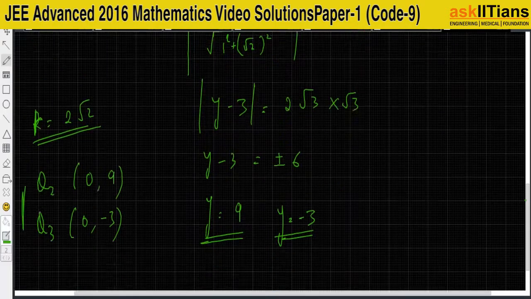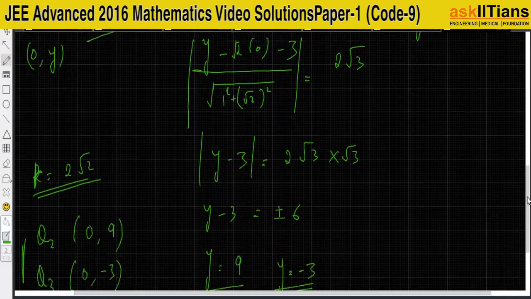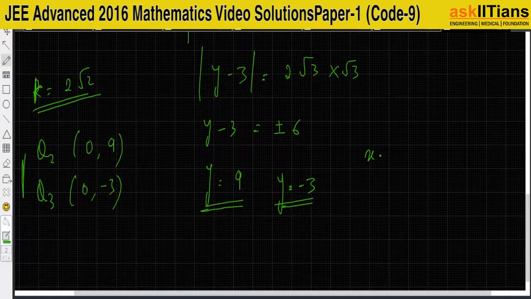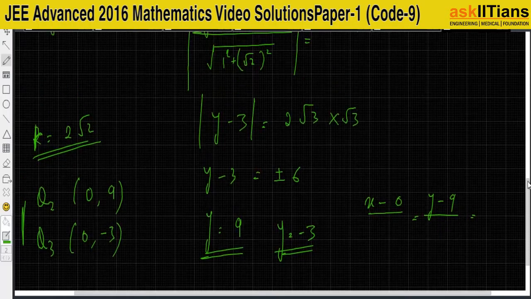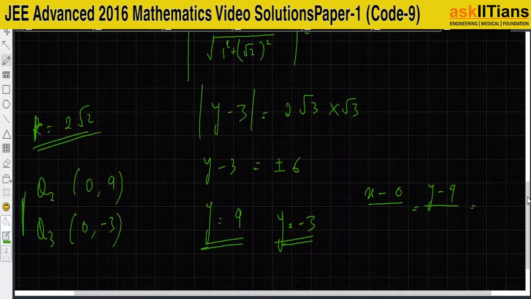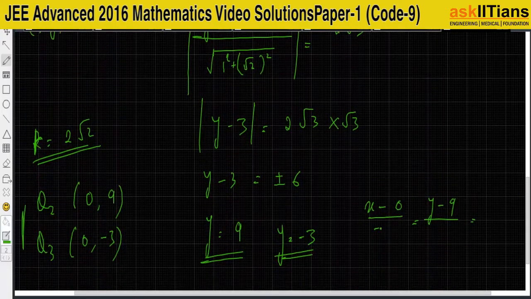So we can just use the formula like this: (x minus 0) by minus root 2, (y minus 9) by 1, equal to minus times the value of the line at the point.